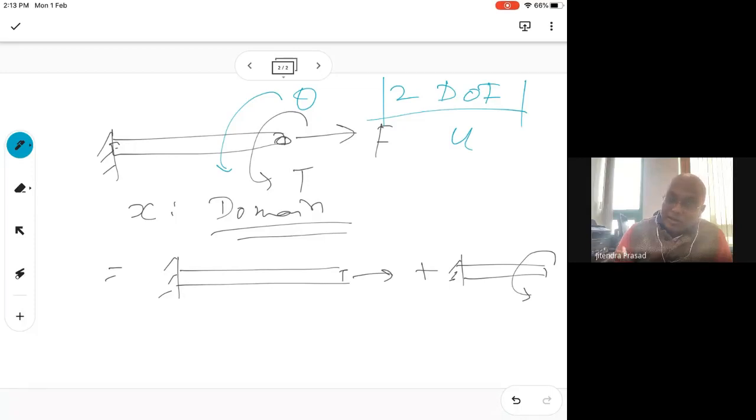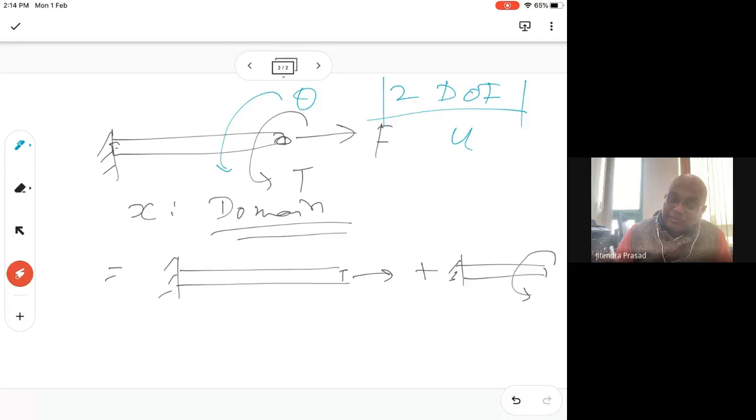Got it? So this problem is equal to this problem plus this problem. This is a 1D problem, and this is also a 1D problem. This has 1 degree of freedom, and this has 1 degree of freedom. You combine them together, you get 2 degrees of freedom, and both are independent of each other. Actually, they have no bearing on each other, right? You can solve one problem to find out what the u is, and you can solve the other problem to find out what the theta is.